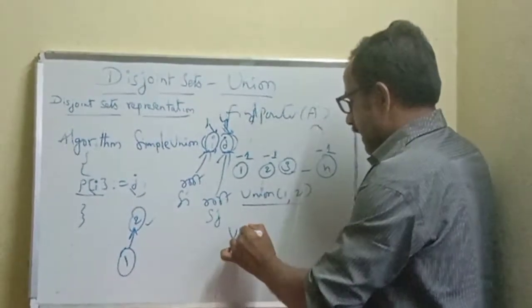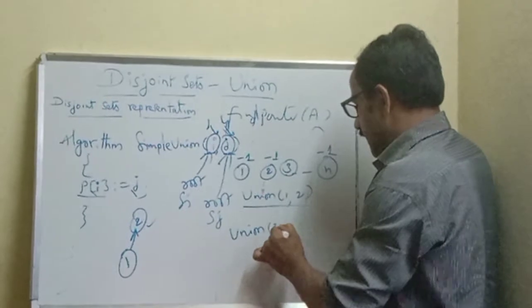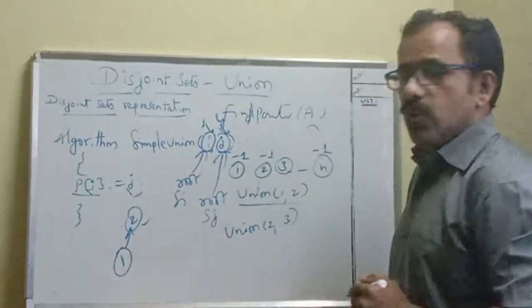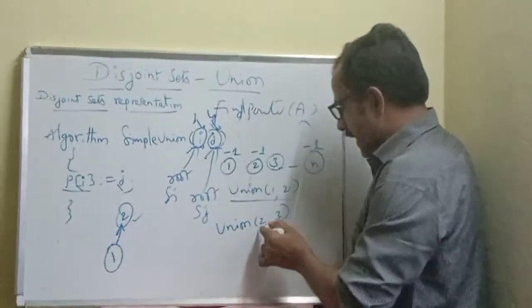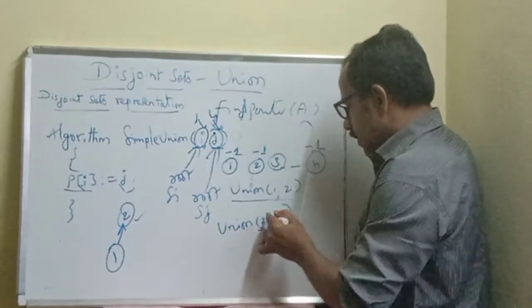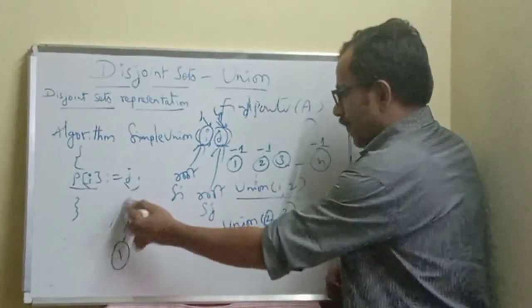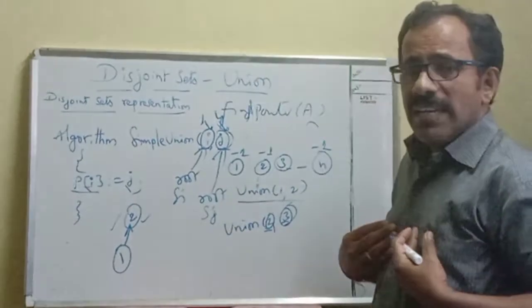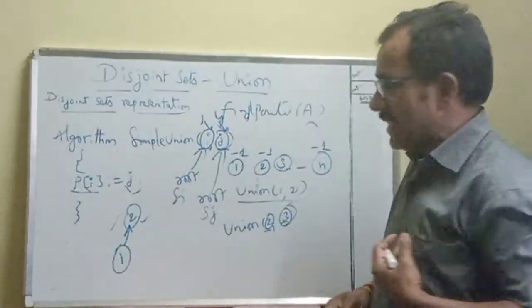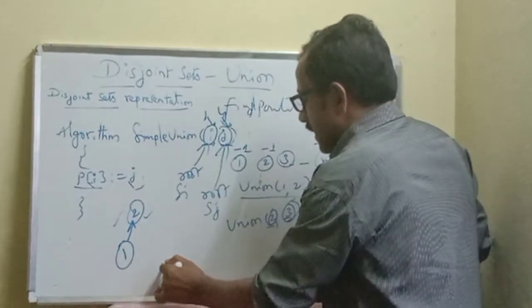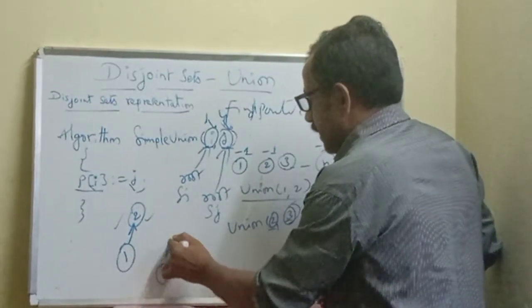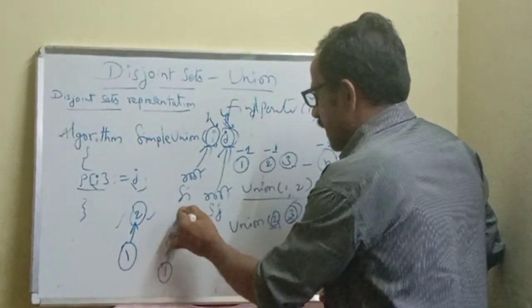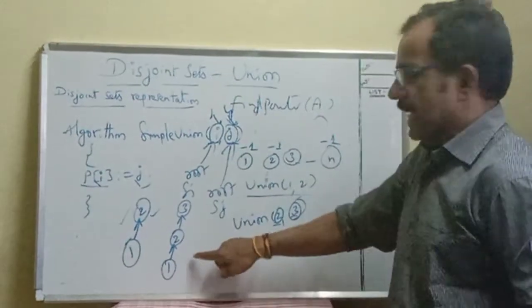Then the next operation required is union of 2, 3. What do you mean by 2, 3? Combine two trees. The first tree root node is 2 and the second tree root node is 3, only an independent node. Then according to the simplest union procedure, we just combine the first tree as a child of the second tree. Then I can combine like this.